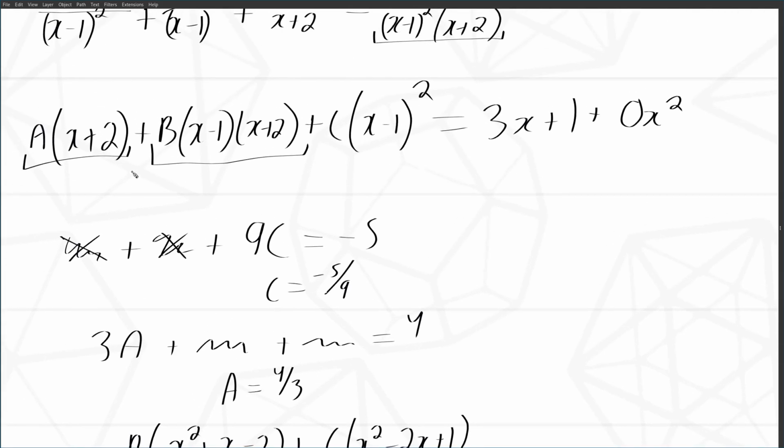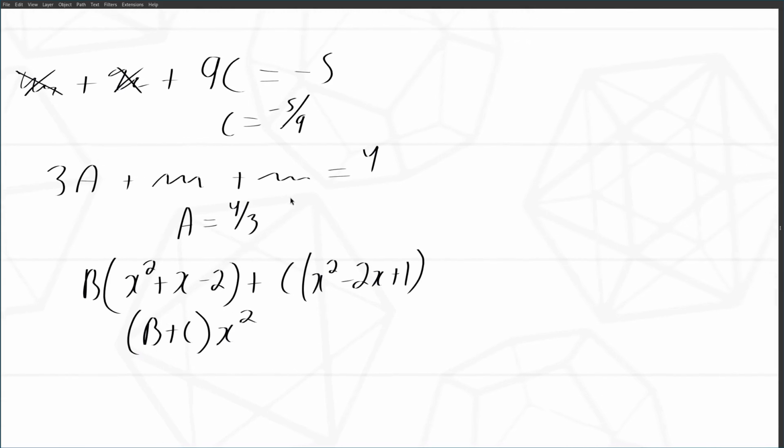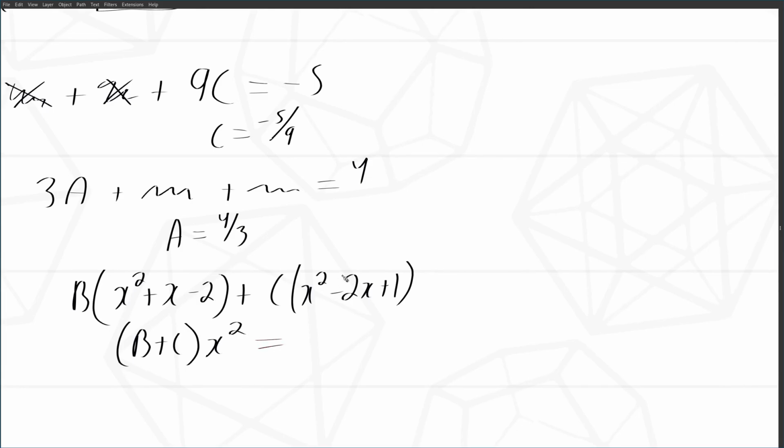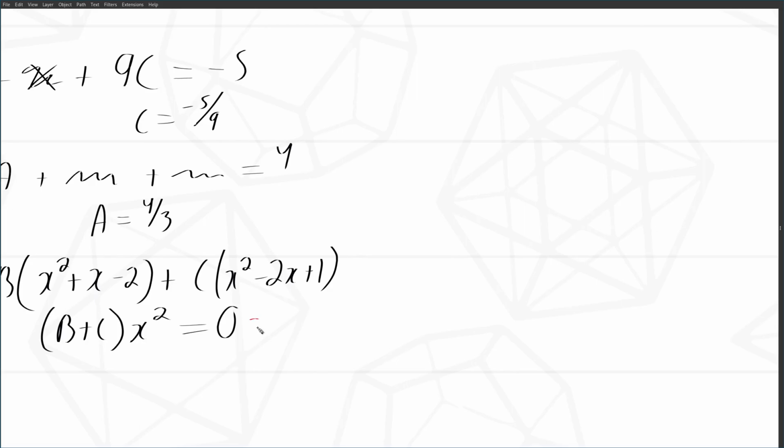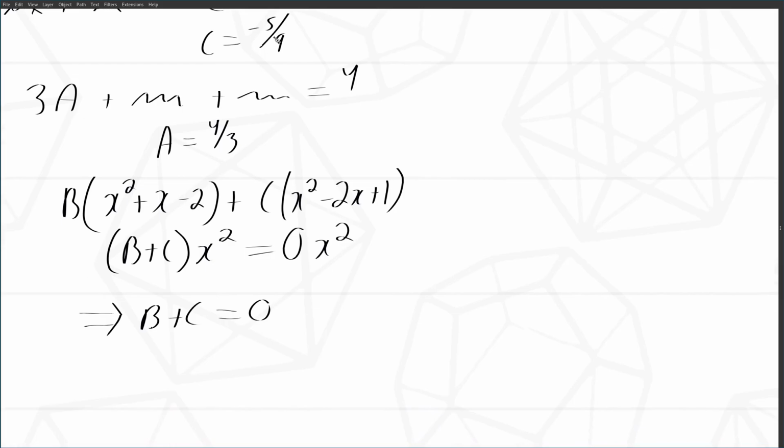Out of this whole expression, the x squared term is going to be this guy. And that's equal to whatever was on the right side, which is 0 x squared. That implies that b plus c is equal to 0. So if c is equal to negative 5 over 9, that means b is equal to 5 over 9.